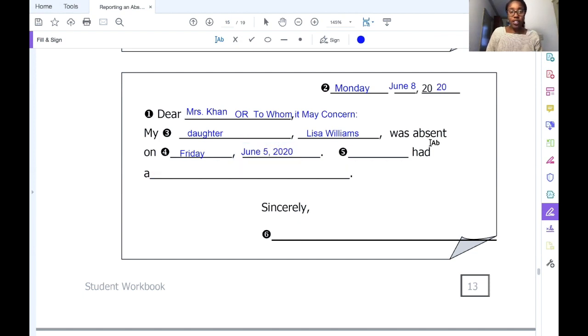So we see was absent on Friday, June 5th, 2020.